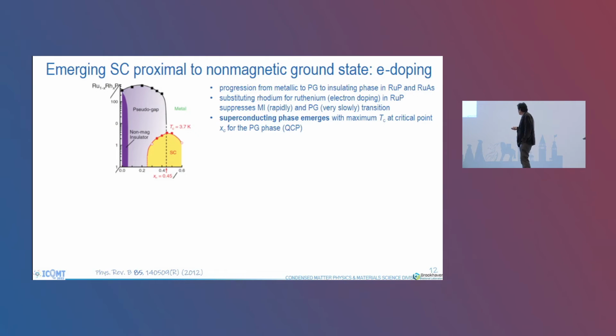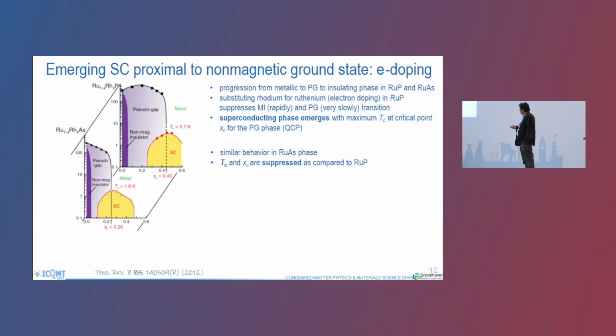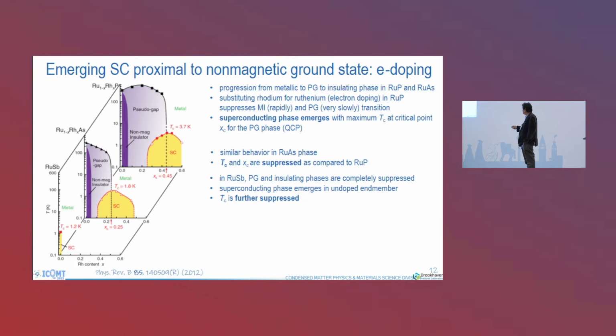So this leads to a pretty rich phase diagram where, in the case of ruthenium phosphorus and ruthenium arsenic, superconductivity has a maximum at the quantum critical point of the pseudogap phase. The non-magnetic ground state is pretty quickly suppressed, but the pseudogap phase persists for a longer composition range.